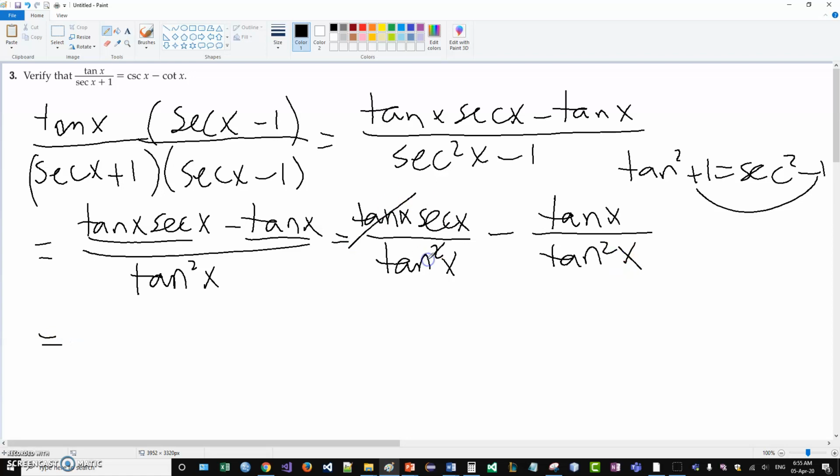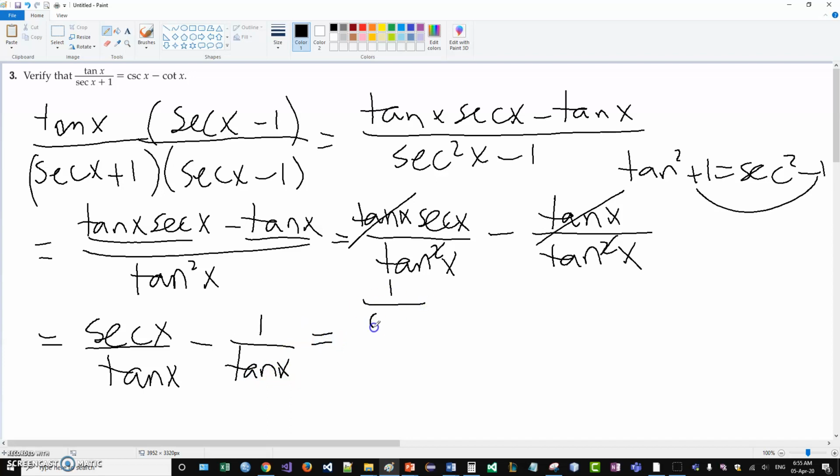This goes out with the 2, so we have secant x over tangent x minus, this goes out with the 2, 1 over tangent x. Secant is 1 over cosine x. Tangent is sine x over cosine x.